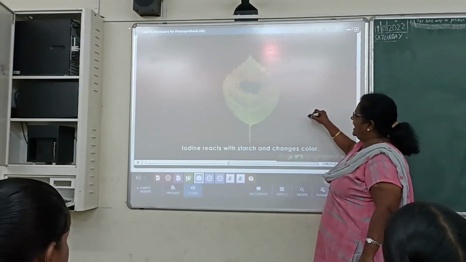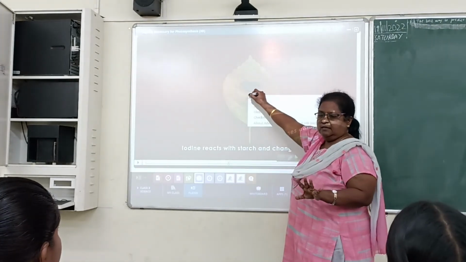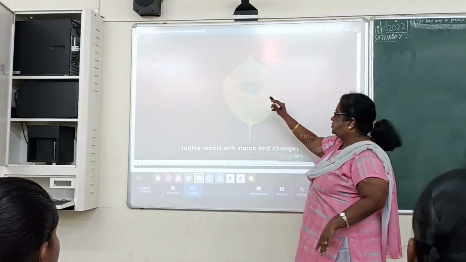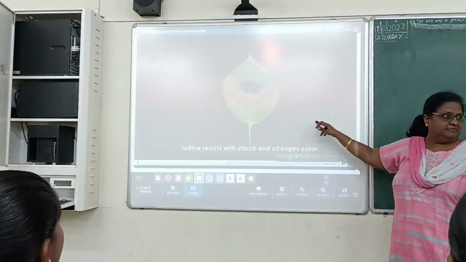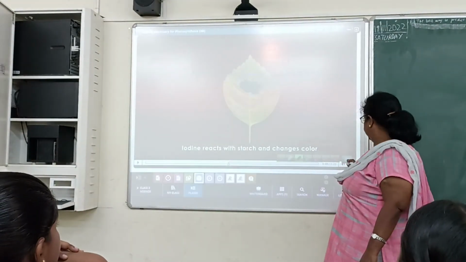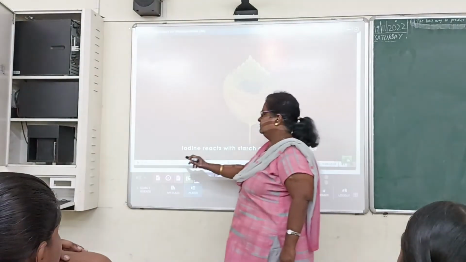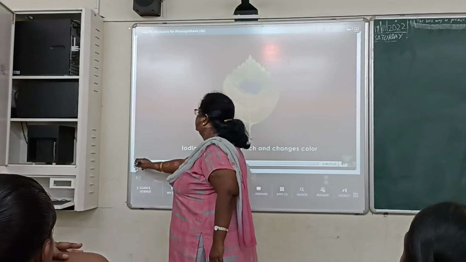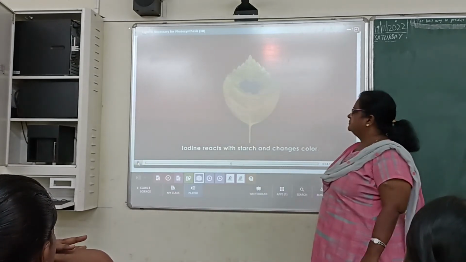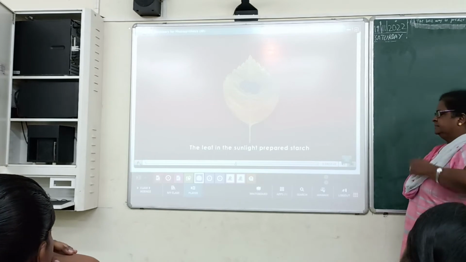Now these two react and they give a black color. The solution turns black. So iodine reacts with the starch to turn the solution black. Starch changes color. This proves that the leaf in the sunlight prepares starch.